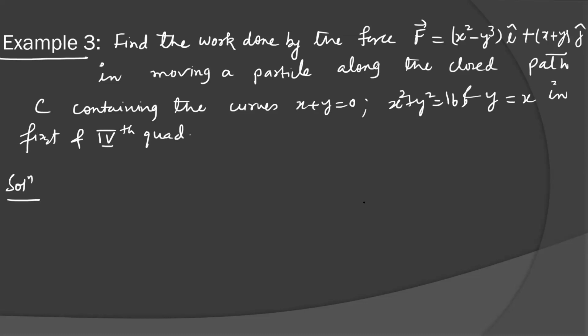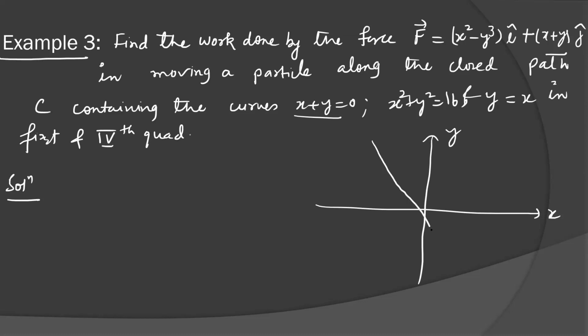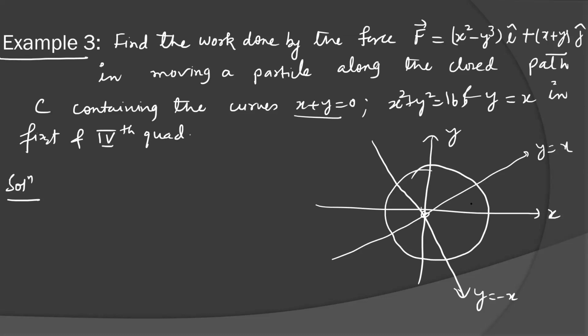Let's see the solution. Draw the geometry first. This is the y equal to minus x line. This is your y equal to x line. And if you draw the circle x square plus y square equal to 16, so this is your circle. The bounded region in the first and fourth quadrants is this one, bounded by all three curves.